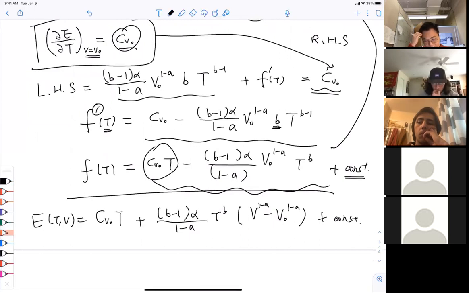If you assume at zero temperature the energy also vanishes, then the constant is zero. Of course, we need to assume B is a positive number.